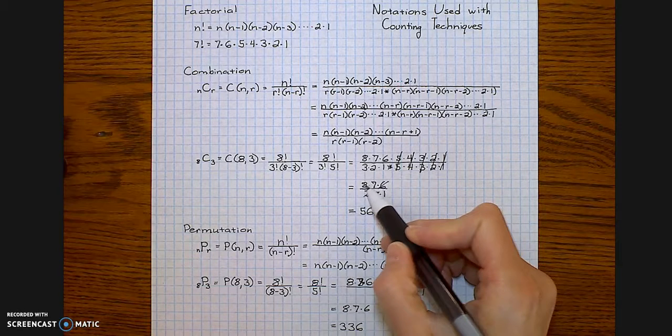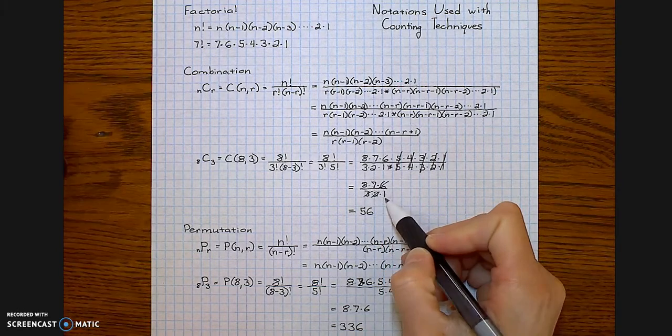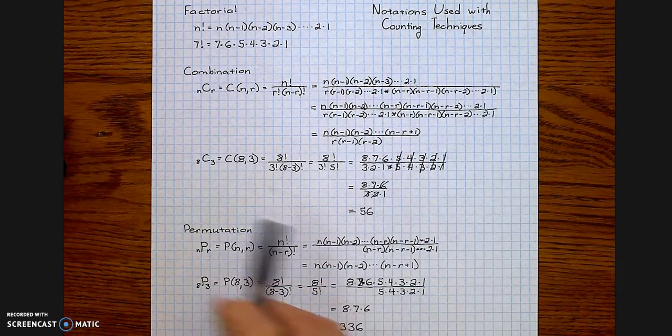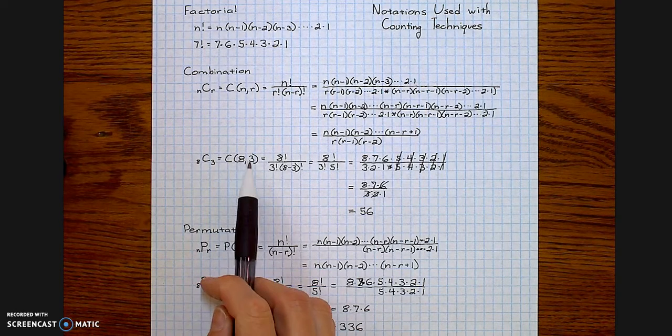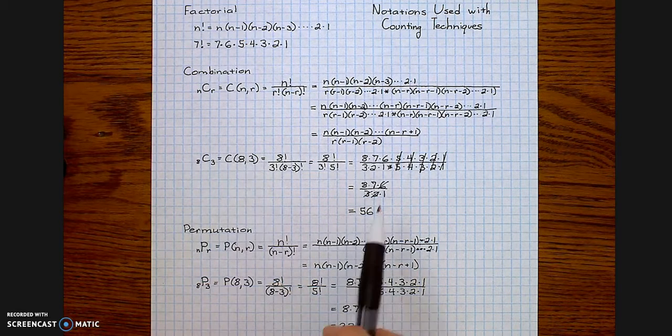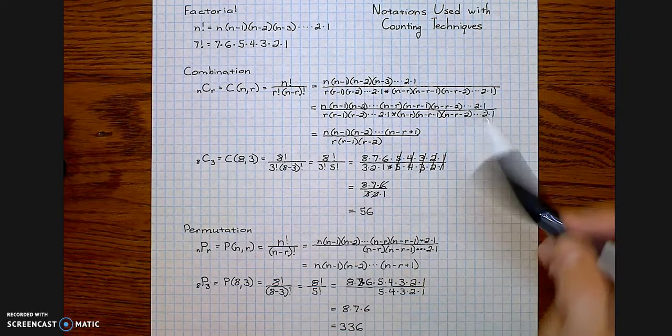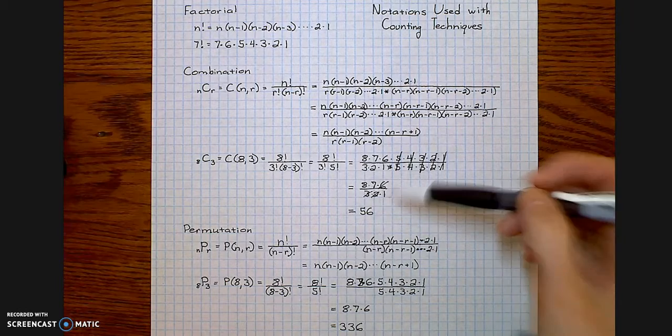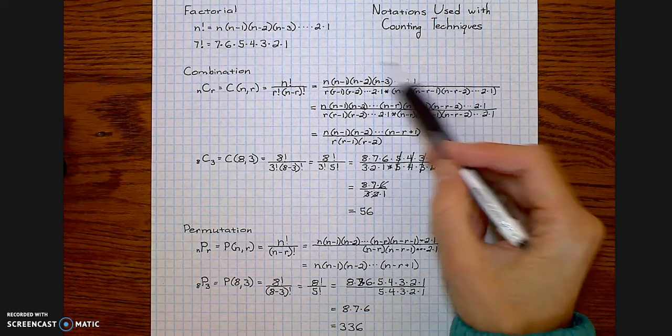That leaves us with 8 times 7 over 1, which becomes 56. So the number of ways that 8 things can be taken 3 at a time when order does not matter is 56.